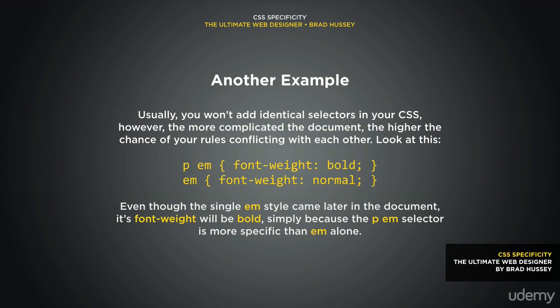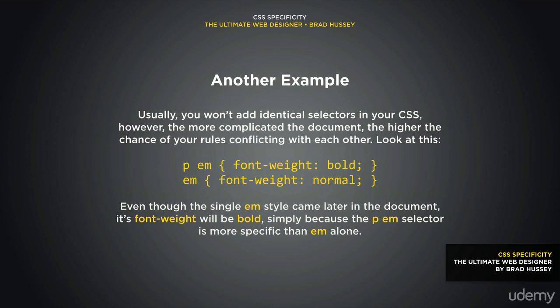Usually, you won't add identical selectors in your CSS. However, the more complicated the document, the higher the chance of your rules conflicting with each other. So look at this. There is a paragraph tag, a descendant selector, paragraph and then em. So you're selecting the em tag within a paragraph tag, and the font weight is bold.